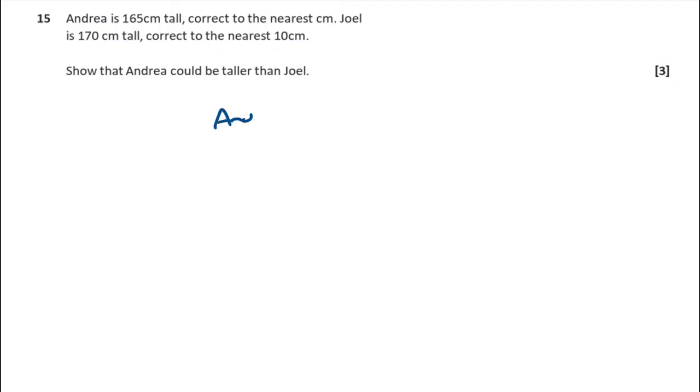So Andrea, now we've been told that she is 165 centimeters tall, correct to the nearest centimeter. So when I'm doing these limits of accuracy questions, as is clearly indicated by this sentence here, what I do is I tend to draw a number line. I mark on the value that I've been given, which is 165.